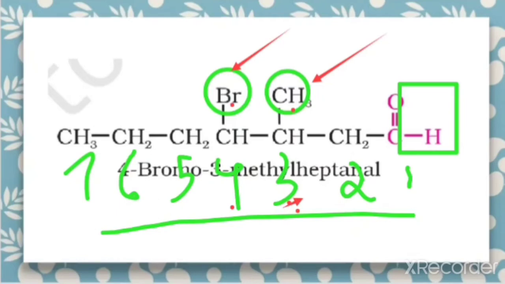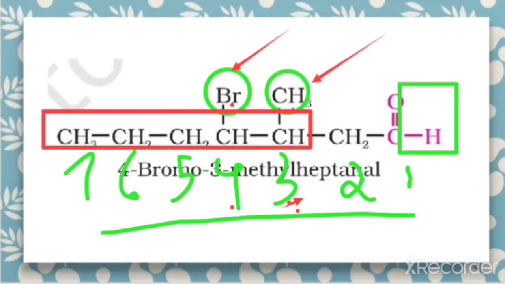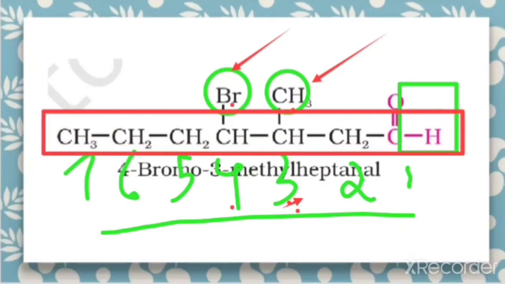so it is named as 3-methyl, and the number of carbon atoms in the word root, that is here, this is the main chain. This is the main chain having 7 carbon atoms. Therefore we'll be using the word hept, and because here there is one aldehyde group, that is a functional group, we'll be using the suffix -al.